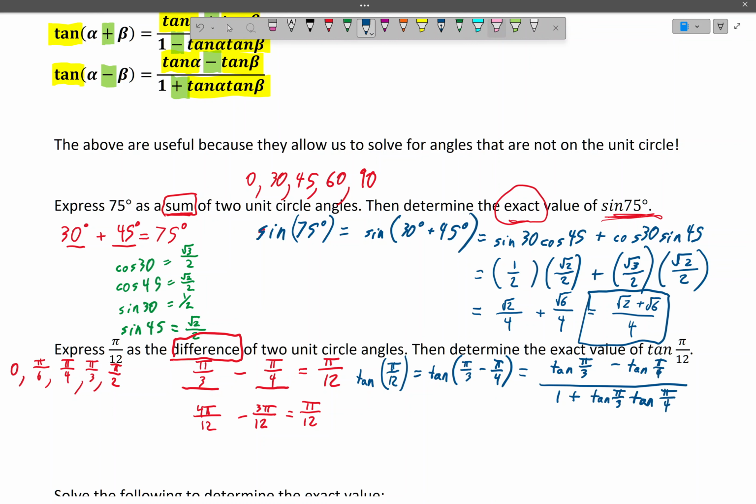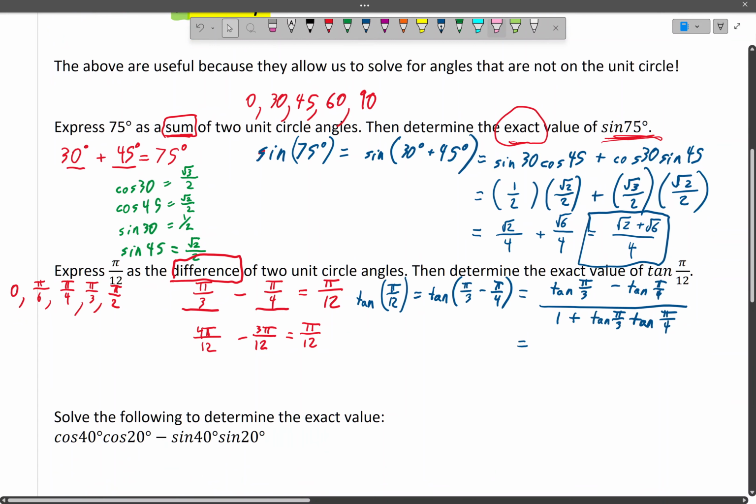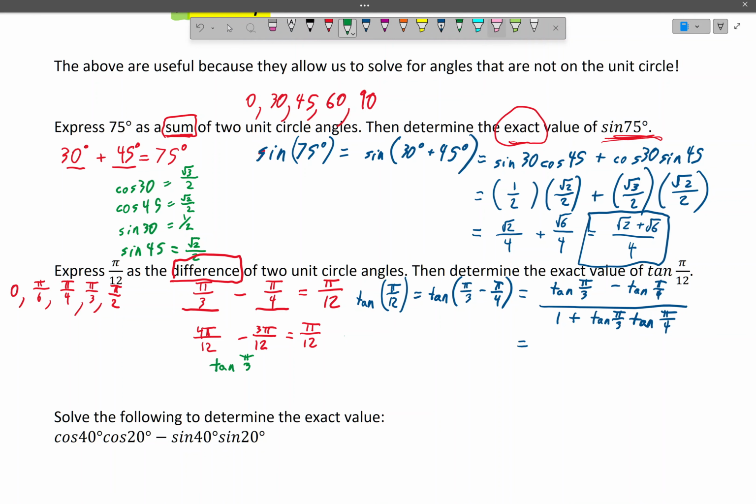Okay, so we've done all of those now, and so we can now try to simplify it. Before we simplify it, we're going to do the same thing as what we did before, and find the tan values: tan of pi over 3 and tan of pi over 4.